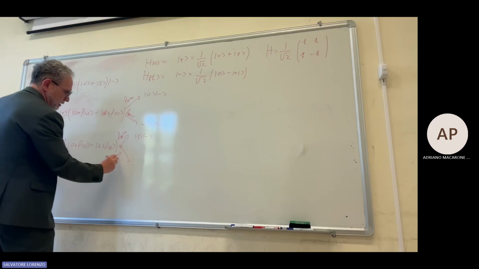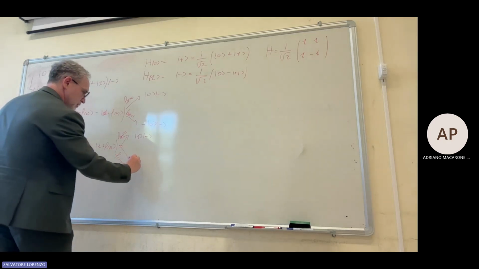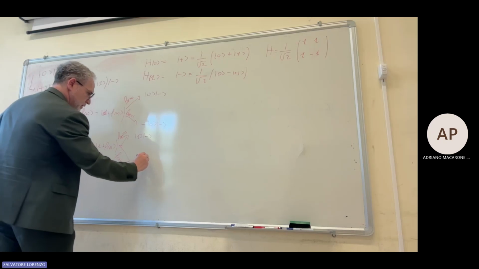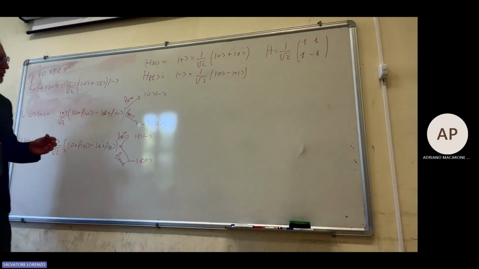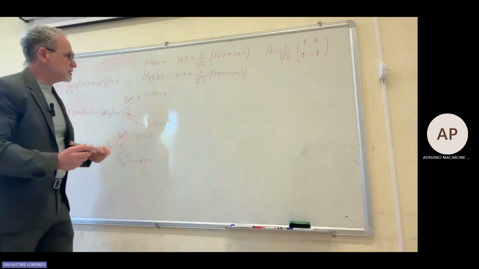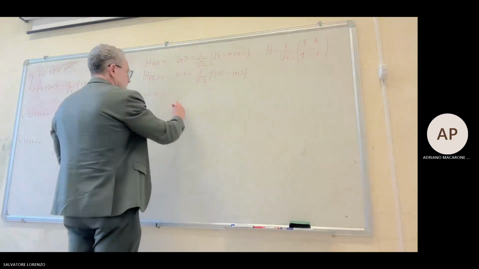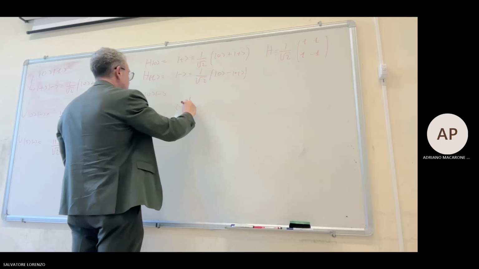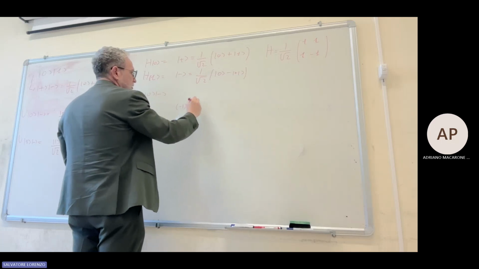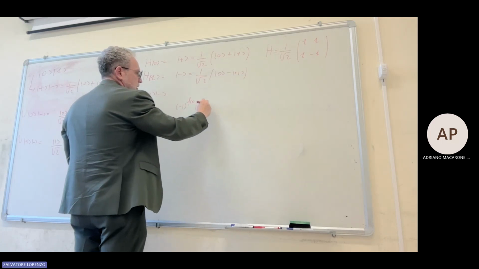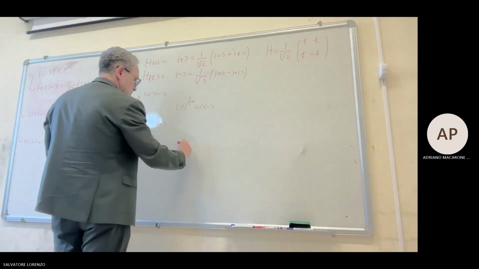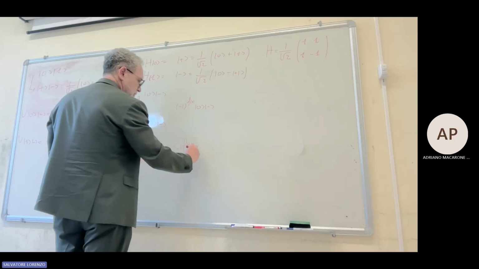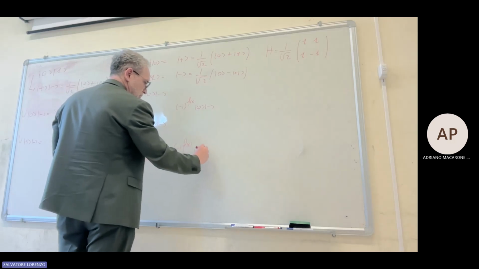If f of 1 is equal to 1, we have minus 1 minus. We can write these two cases in a simple way, like minus 1 to the f of 0, 0 minus, and this one, the state here is minus 1 to the f of 1, 1 minus.